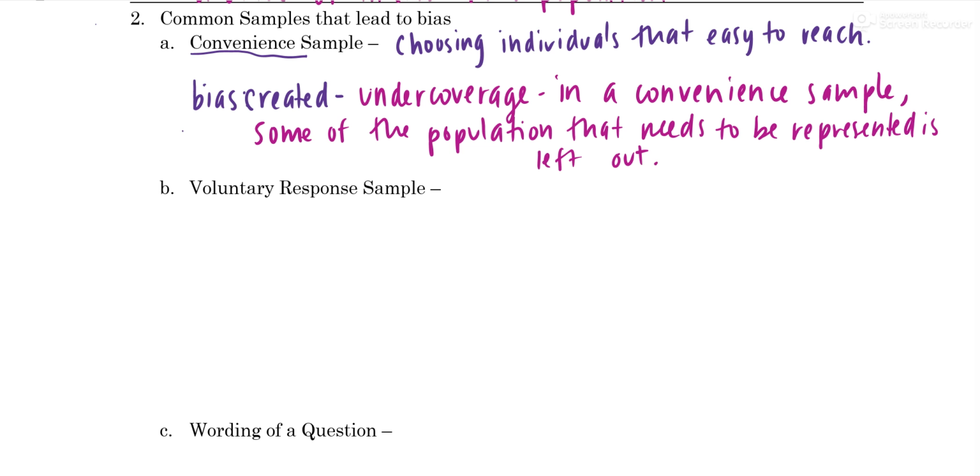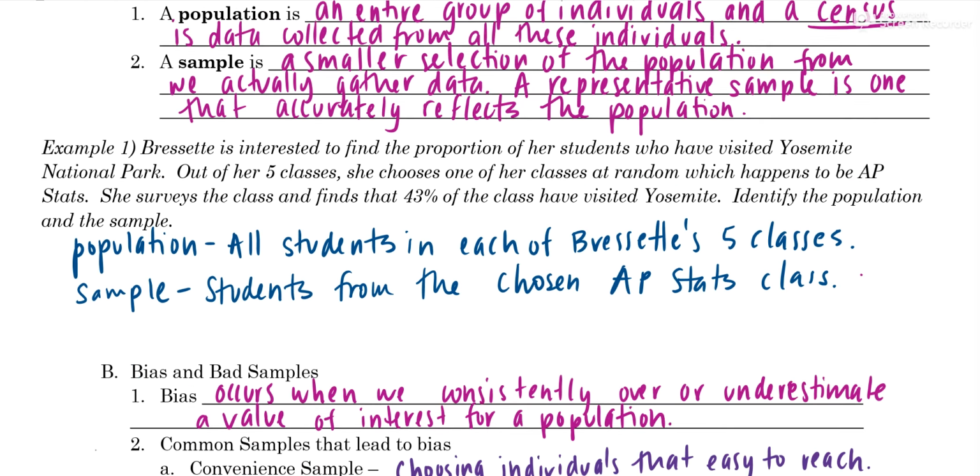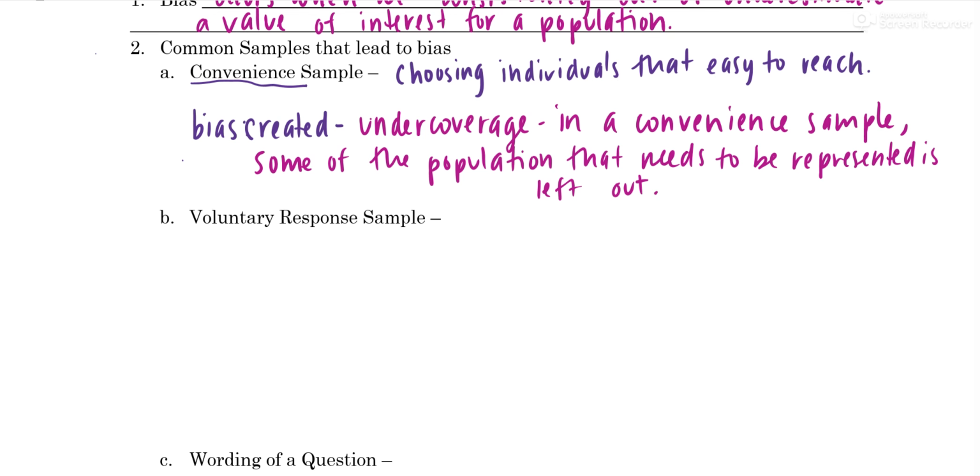So voluntary response samples create bias because only those with strong opinions are going to respond, and most of those strong opinions, folks, are going to be negative. So let's talk. So voluntary response samples go like this.